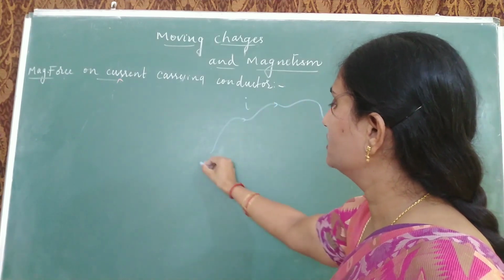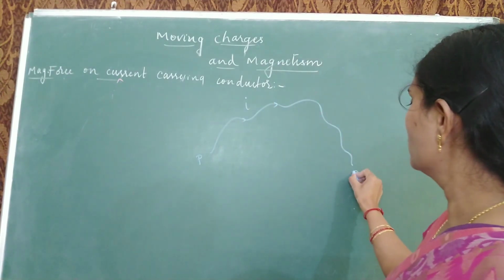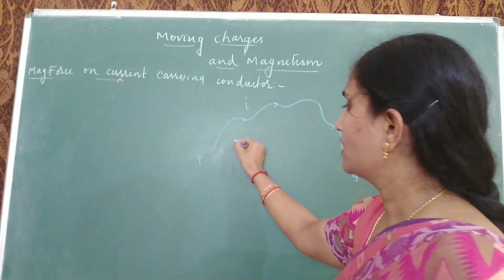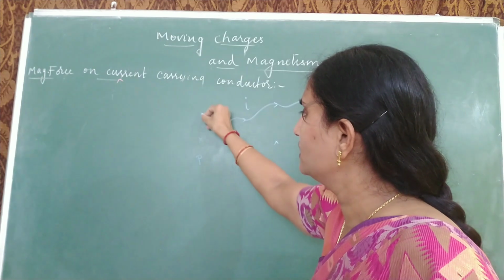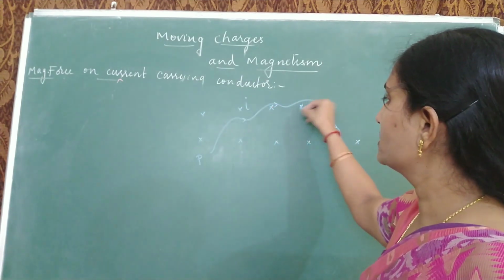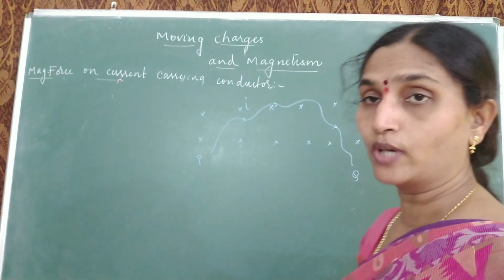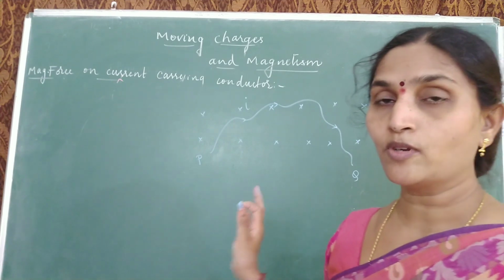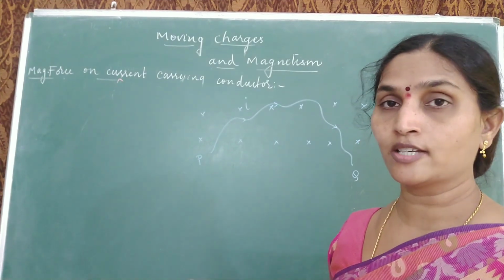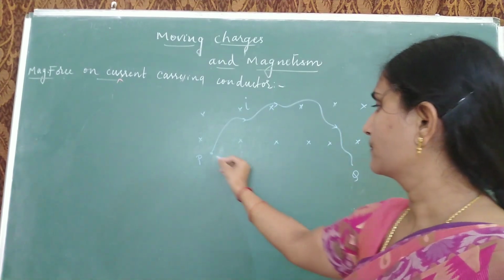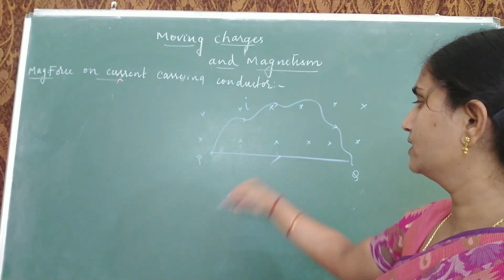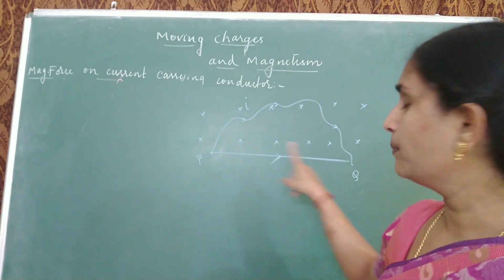Let it carry a current I from P to Q, placed in a perpendicular magnetic field. If it is not perpendicular, then take the angle between PQ and B. Then to evaluate the force acting on it, just close the conductor from P to Q with a straight line joining P to Q.